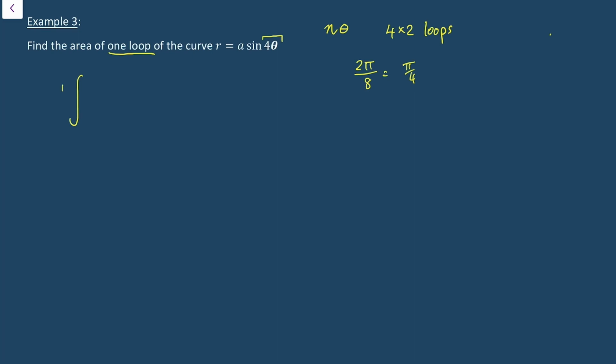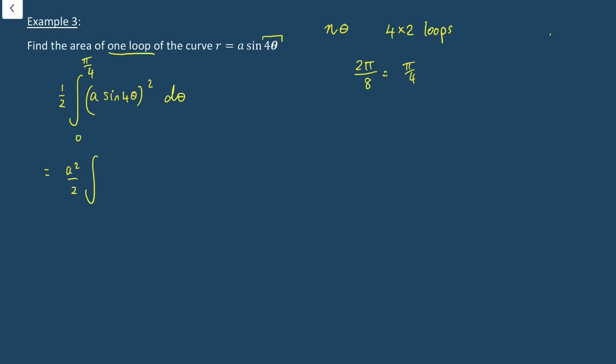So I know I'm going to have to integrate. I have to say a half times a sine 4 theta all squared between 0 and pi by 4. And that is going to give me the area that I'm looking for. So what I'm going to do is I'll square this and I'll take my a squared to the front.